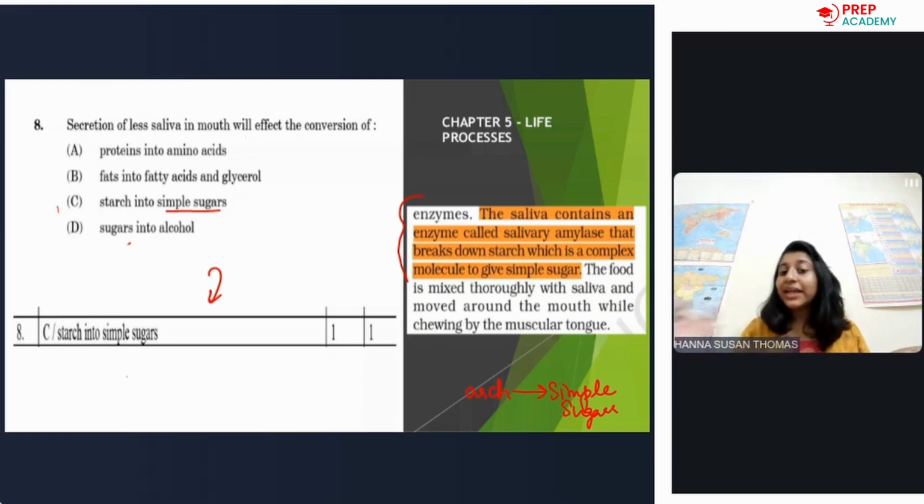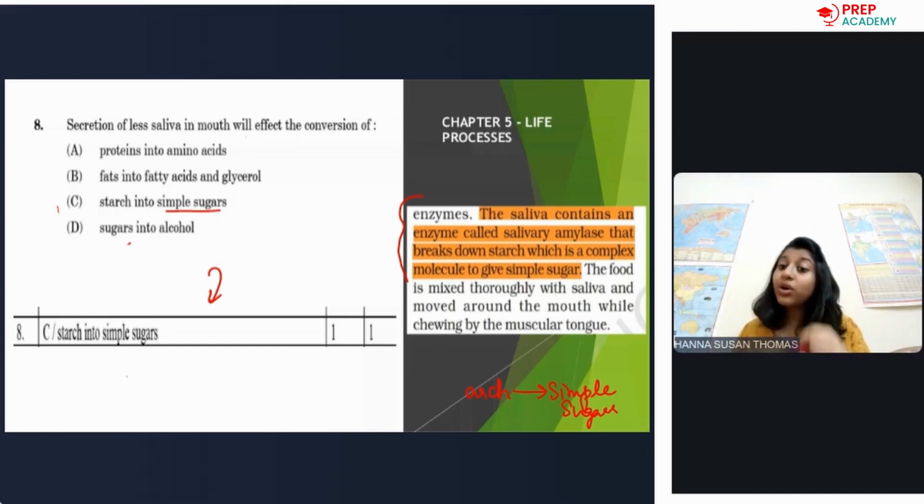On the right hand side, you can see the chapter name and number from where this question has been taken. Under that, you can see a screenshot where some lines are highlighted. This highlighted portion lets you know that reading from the textbook is important, because you can easily tackle direct questions from the textbook.